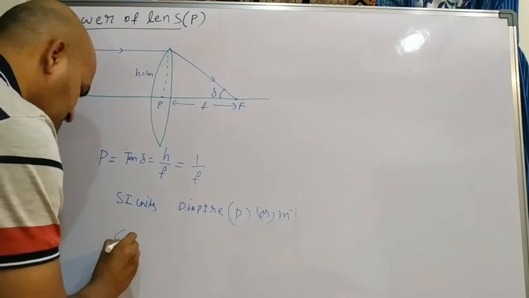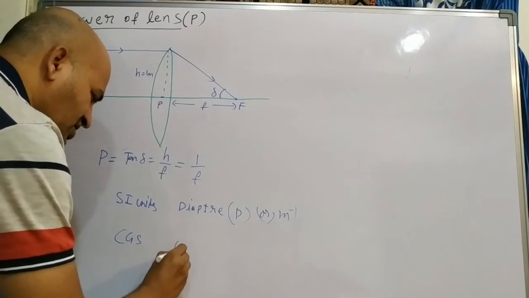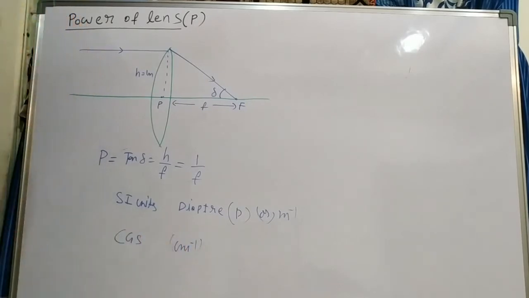In CGS it means centimeter inverse we can write. So simply, what is the focal power or power of the lens? It is the reciprocal of the focal length of the given lens. Units are diopters and meter inverse; CGS units means centimeter inverse you can write.